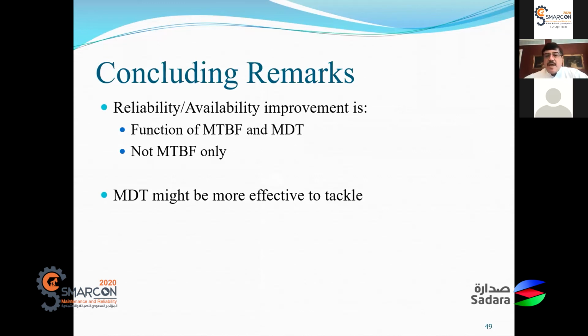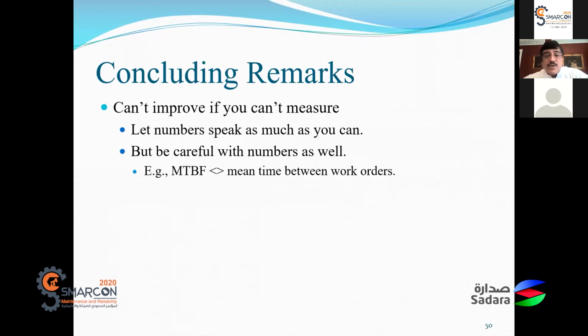Okay. So reliability and availability improvement is a function of MTBF and mean downtime, not just MTBF. And mean downtime might be more cost effective to tackle. These are some concluding remarks.